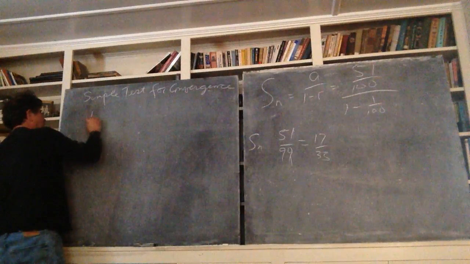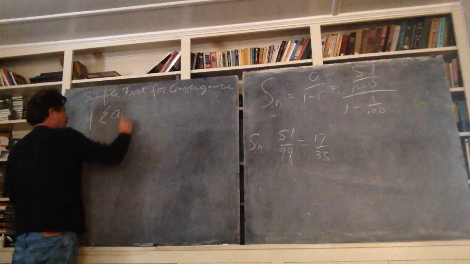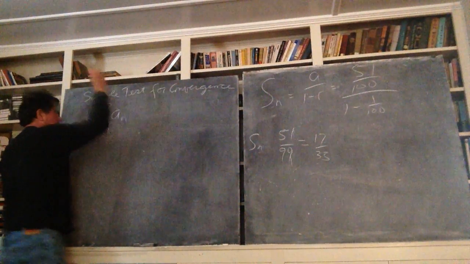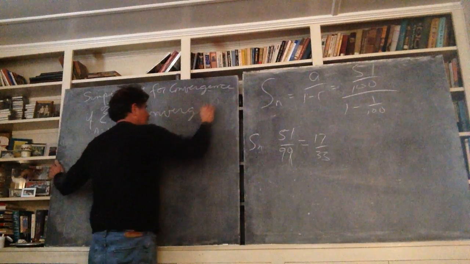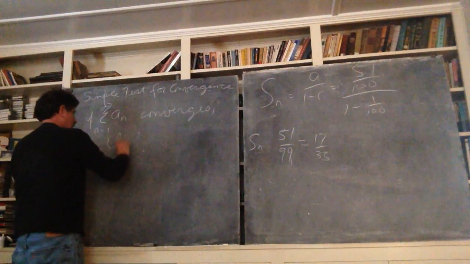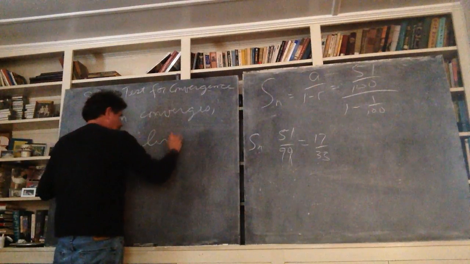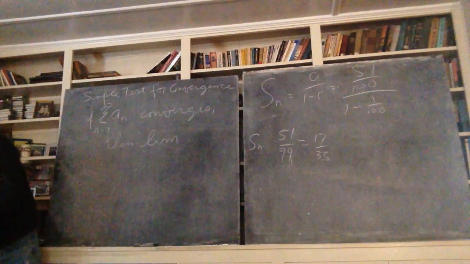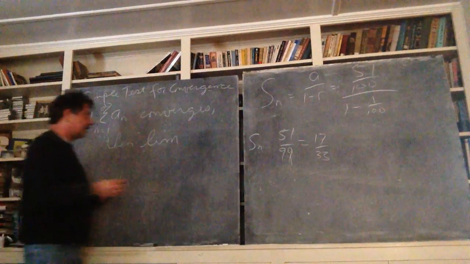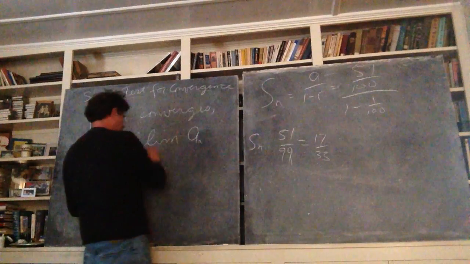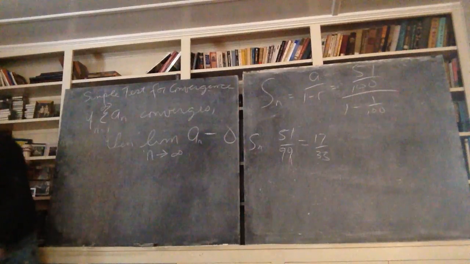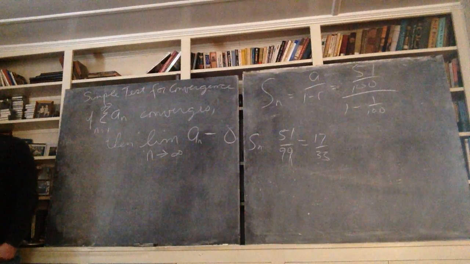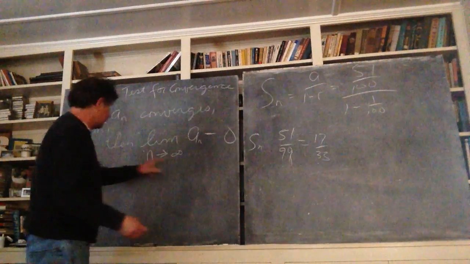If the sequence A sub n converges, then the limit of A sub n as n goes to infinity is 0. If this limit is not 0, then it diverges.